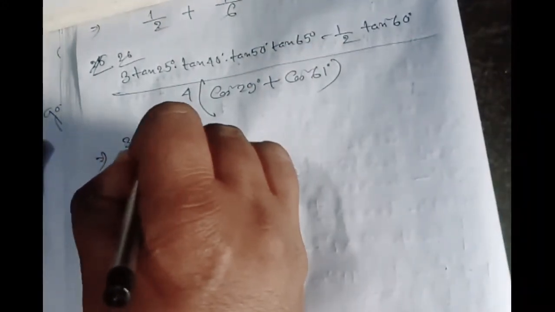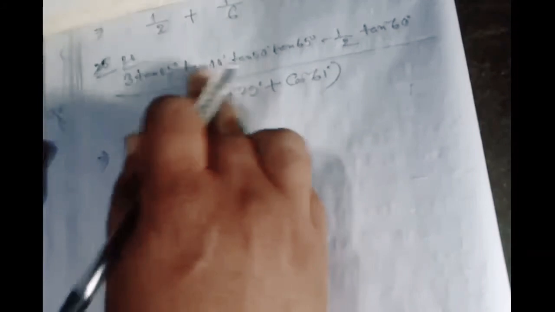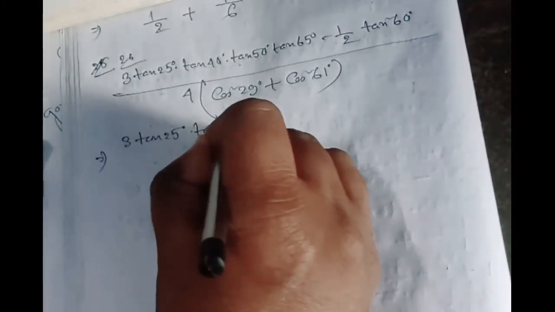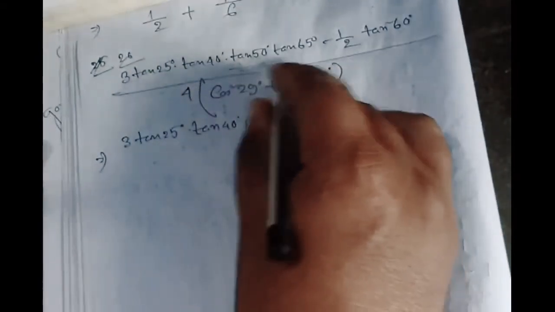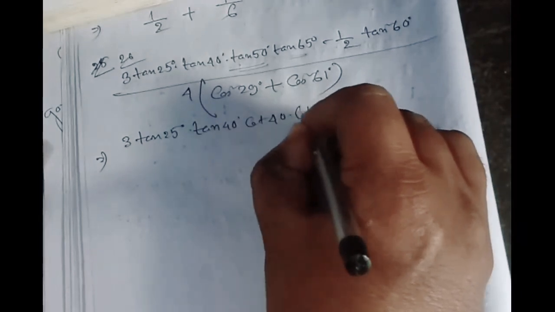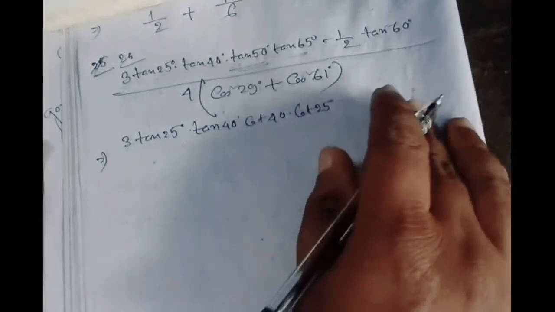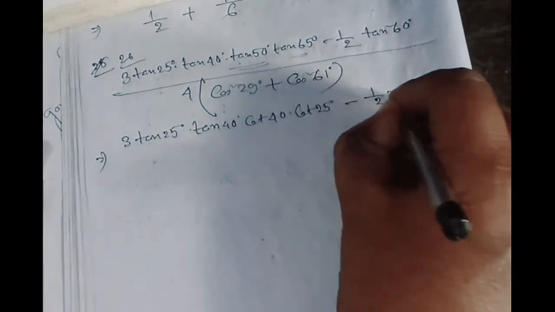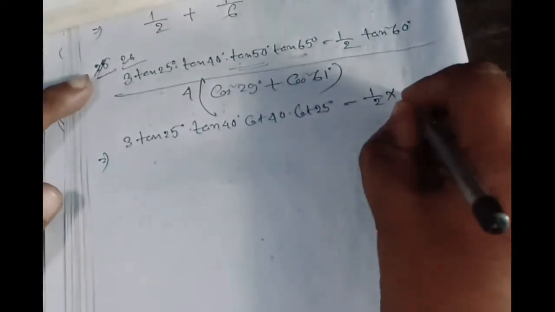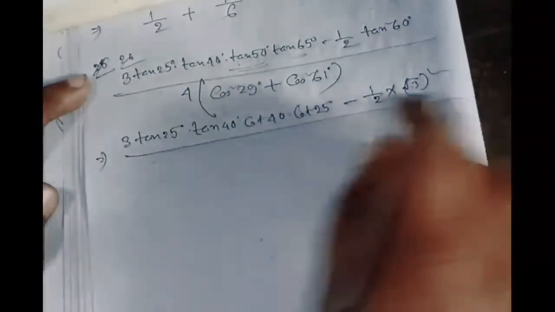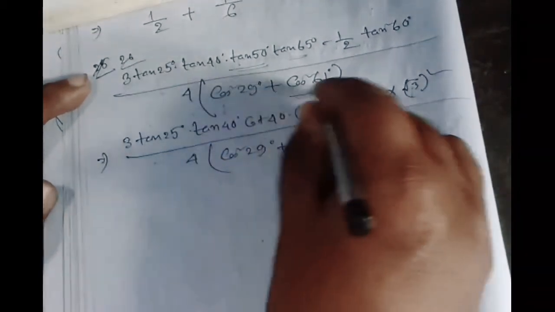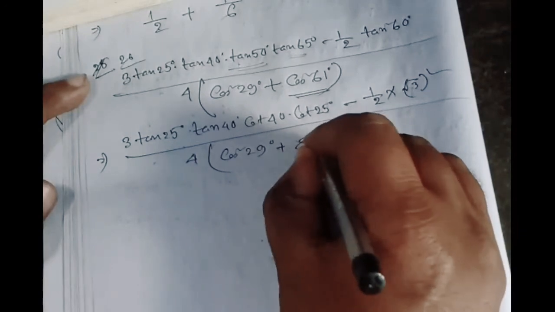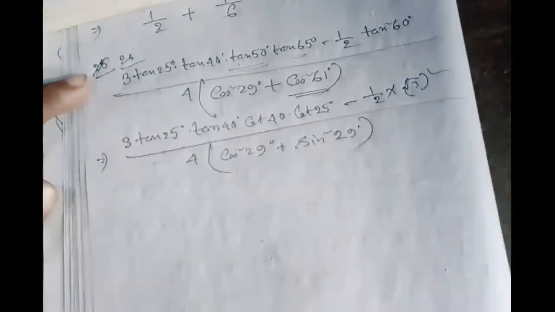Now this is 3 tan 25 degree into tan 40 degree, tan 50 can be written as cot 40 and tan 65 can be written as cot 25 degree, minus half into tan 60. The value of tan 60 is root 3, so root 3 square. This is 4 into cos square 29 degree plus cos 61 can be written as sin square 29 degree.